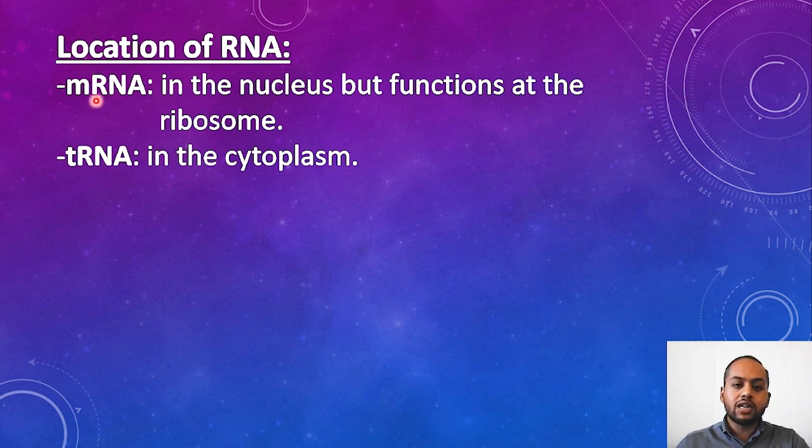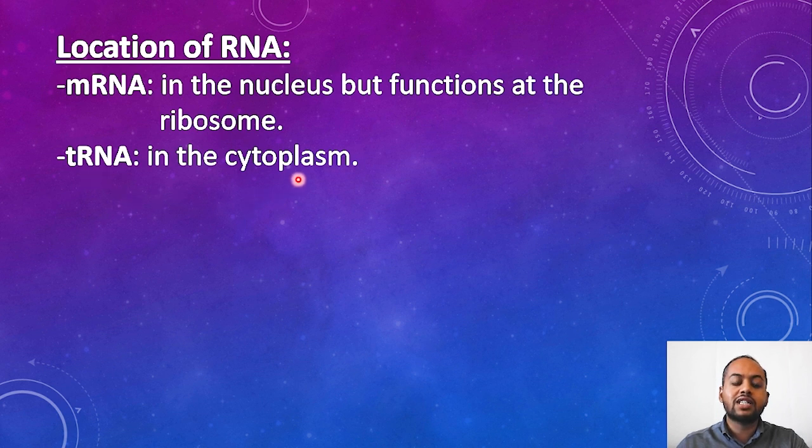Now mRNA, which is the messenger RNA, is located inside the nucleus, but it functions at the ribosome. So mRNA is located in the nucleus, but it performs its function at the ribosome. Secondly, we have tRNA, which is a transfer RNA.